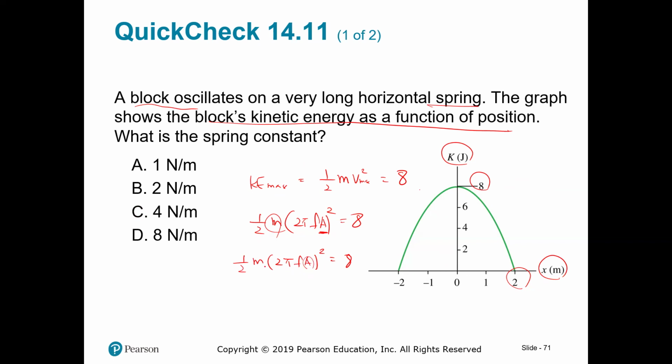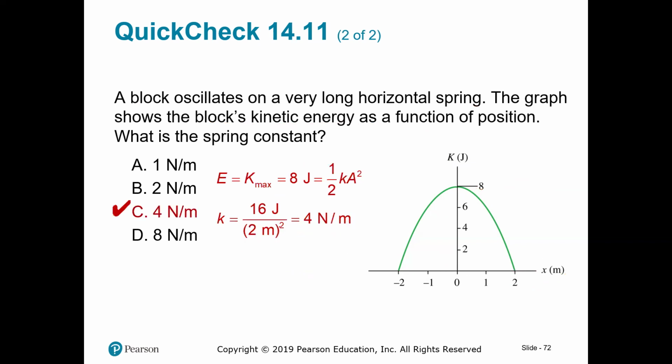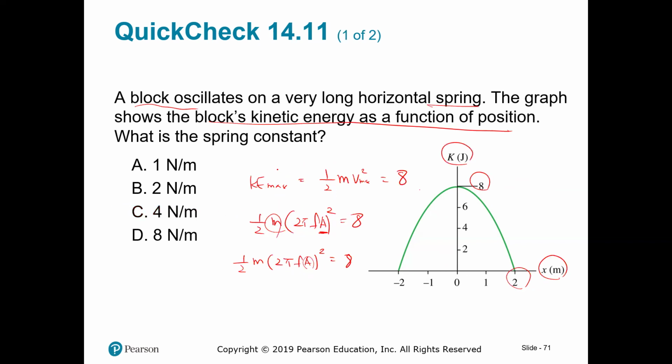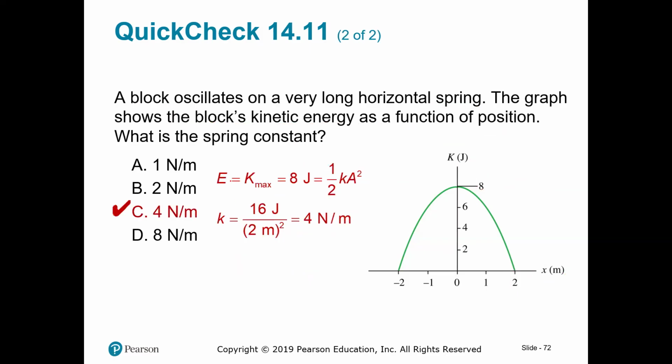So you can solve it, and I recommend you solve it using the kinetic energy maximum as well. So then here you have 8 joules equals 1/2 times k A squared, right? This is easier to find k only. So then your k is 16 equals k A squared.